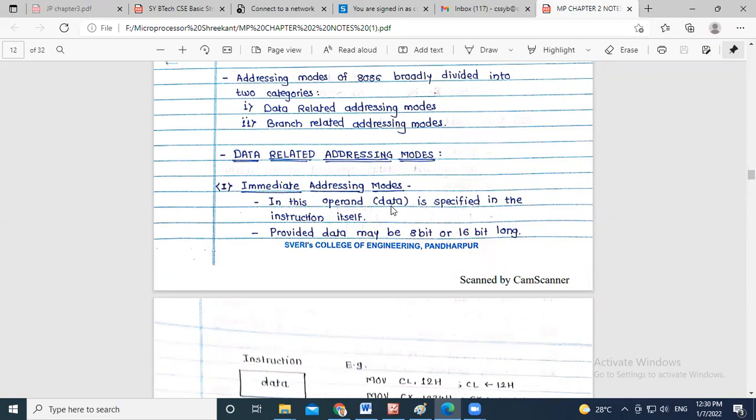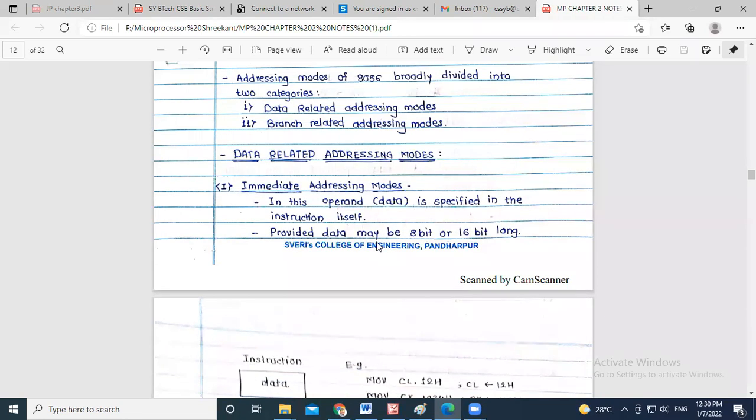Within a short period of time it happens. That is immediate addressing mode. The data is fetched and the operation is done along with the instruction of the microprocessor. In it, the operand or data is specified in the instruction itself.